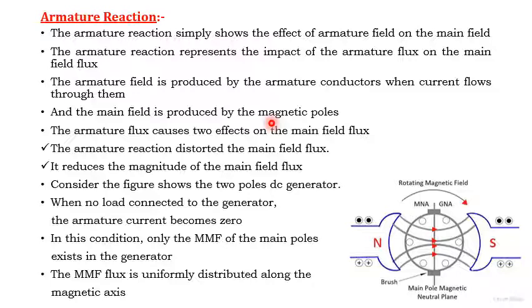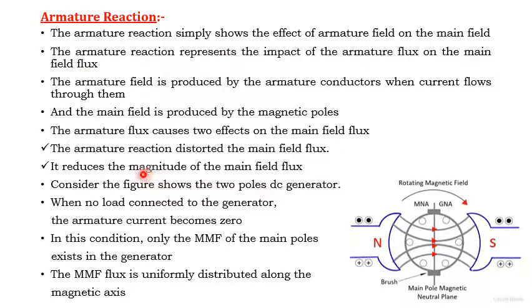The first effect is that the armature reaction distorts the main field flux. Once the armature reaction happens, it will distort the magnetic field flux. This is the main effect caused by the armature reaction.